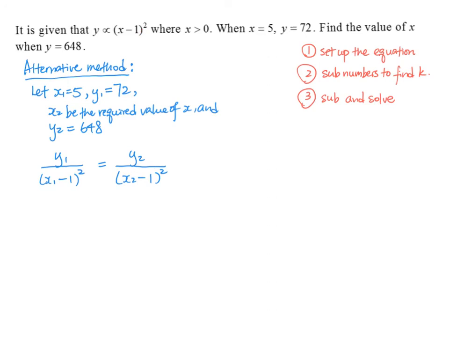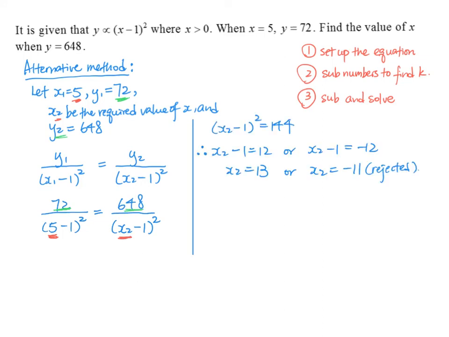So we just substitute. You put this one in here, which matches with the y1: x1 with y1 and x2 with y2. So here's the x2 and here's the y2. They always match.